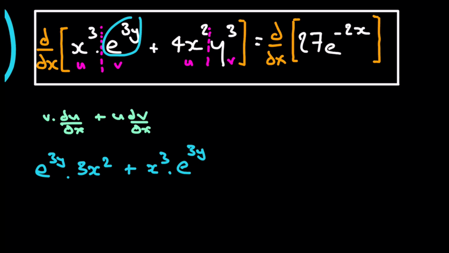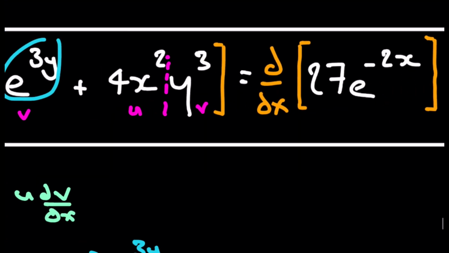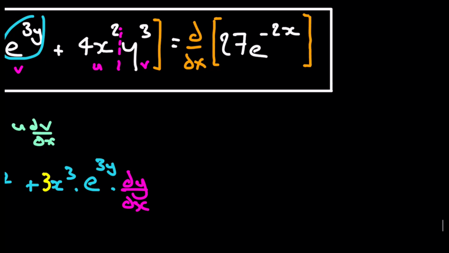But then you have to multiply through by the derivative of the power, and that would be 3. So I'll just put that at the beginning of this expression. But then we mustn't forget that we have the dy by dx as well, like we did on all the other examples, and I'll factorize that out later. So let's move on to the second expression here.